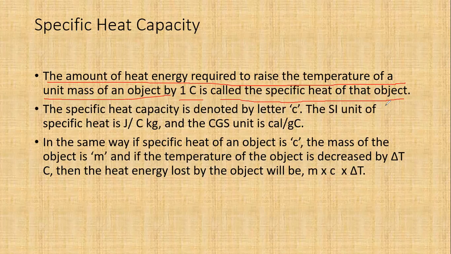The specific heat is denoted by the letter C. The SI unit of specific heat is joules per kg degree Celsius, and in CGS unit it is calorie per gram degree Celsius.